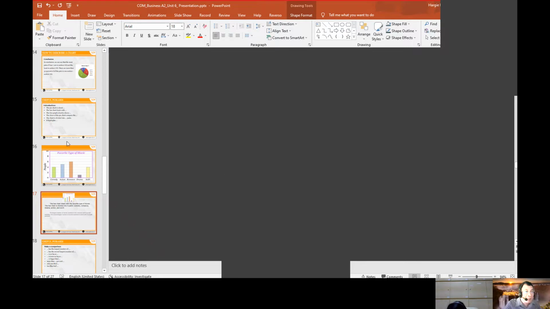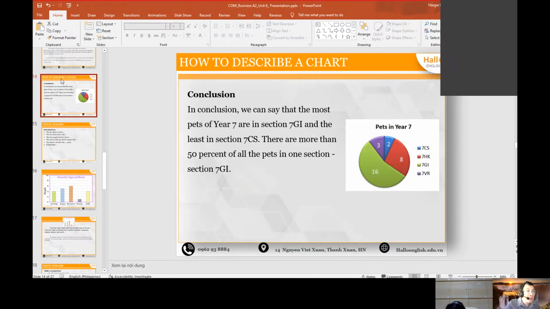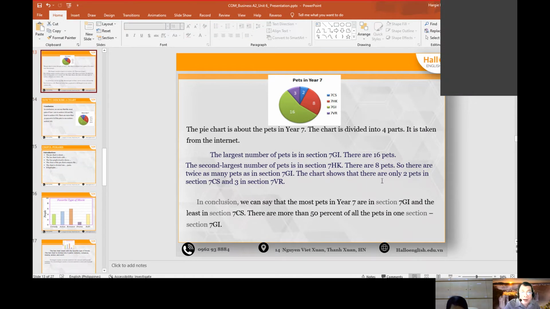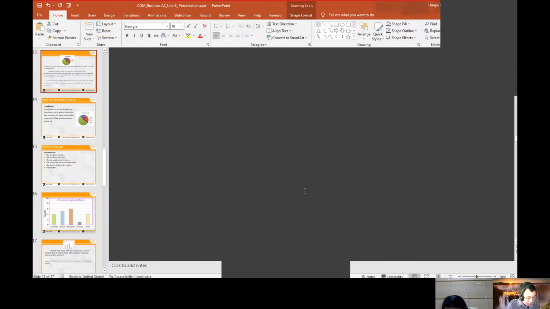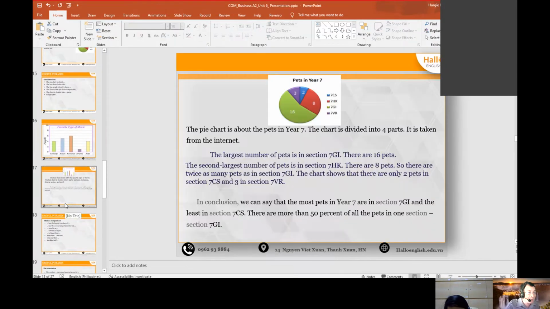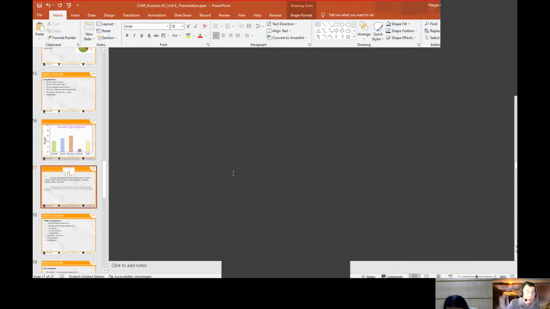Okay, very good. And then after that, we are going to use this one. There are, okay. The chart shows that there are only 2 people.